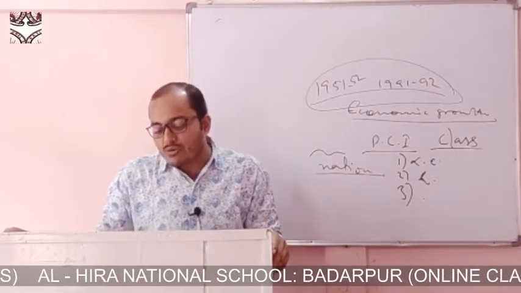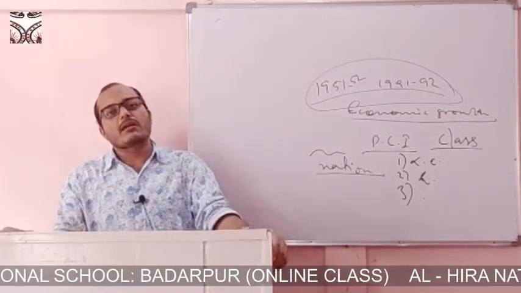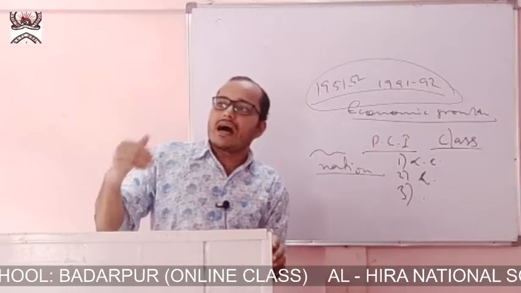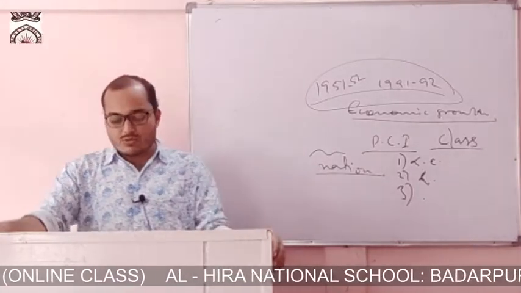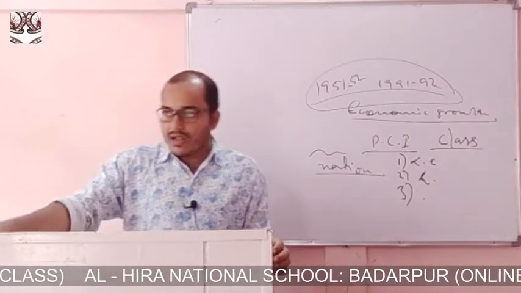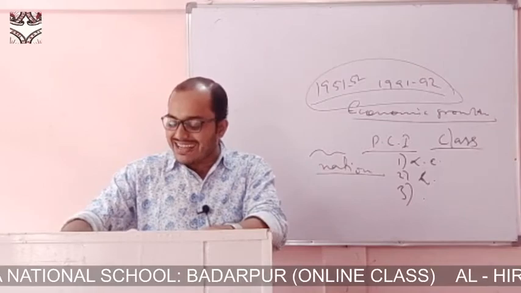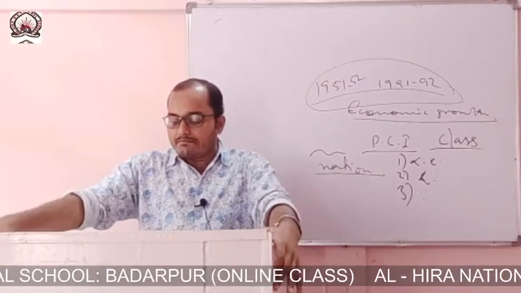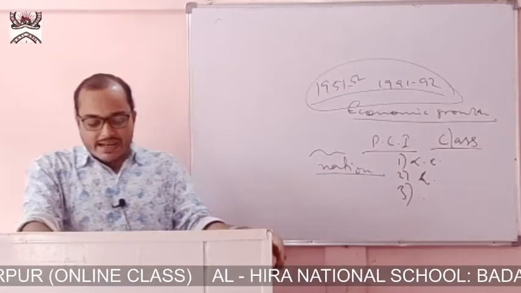So as a result, what happened? The second phase of economic transition took place in the year 1991 and 1992. So the second phase started from 1991 to present days, and the importance of liberalization, privatization, and globalization increased.